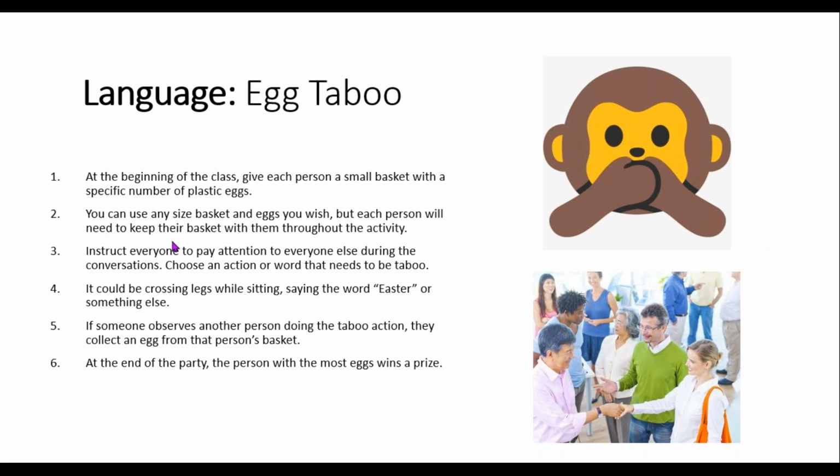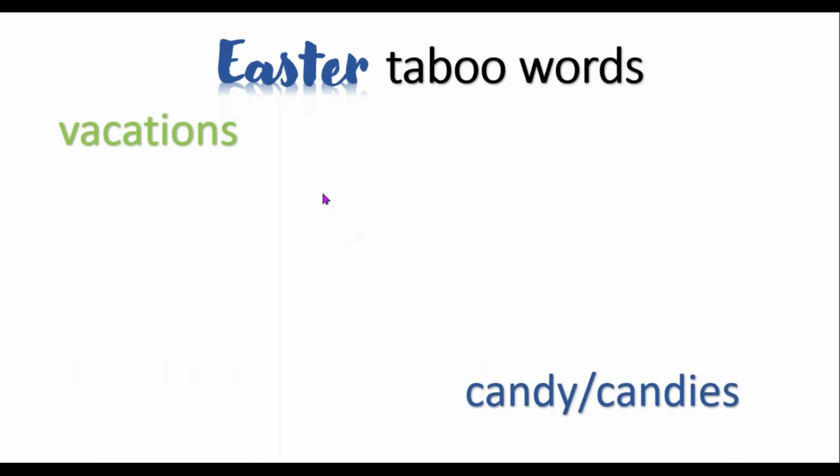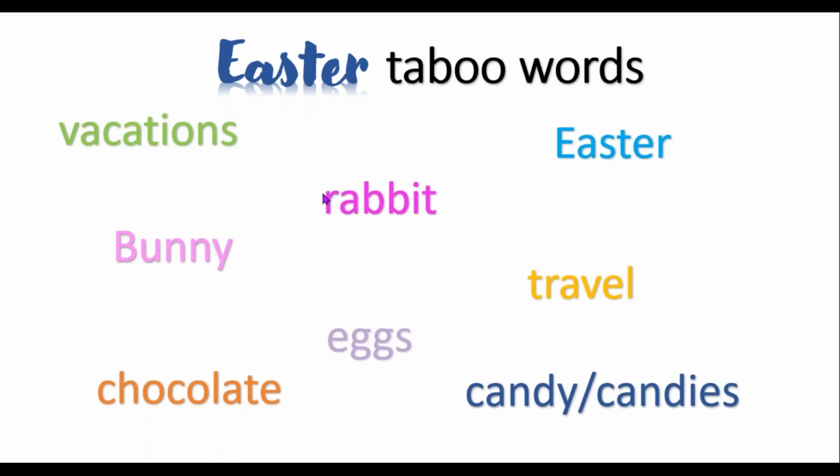Now, here I have some examples of words that you can use as taboo. You can use vacations, Easter, rabbit, bunny, eggs, travel, candies, chocolate. Remember, your students cannot say these words.